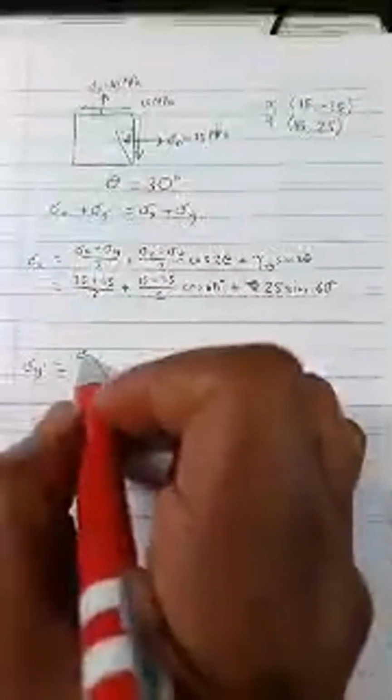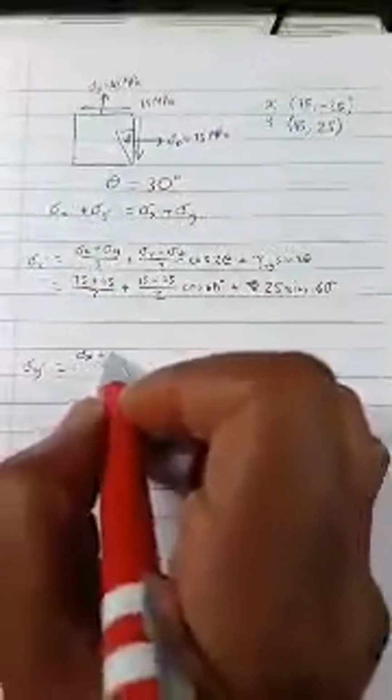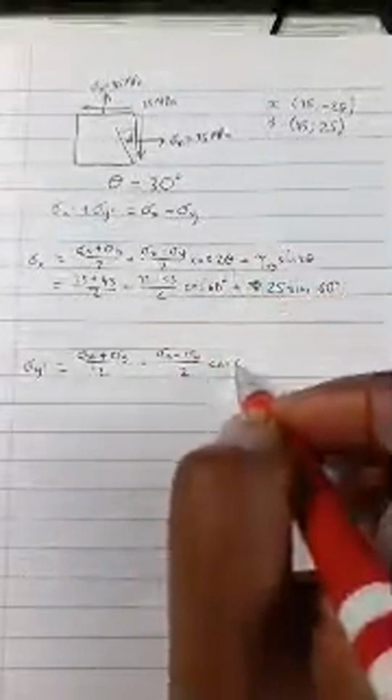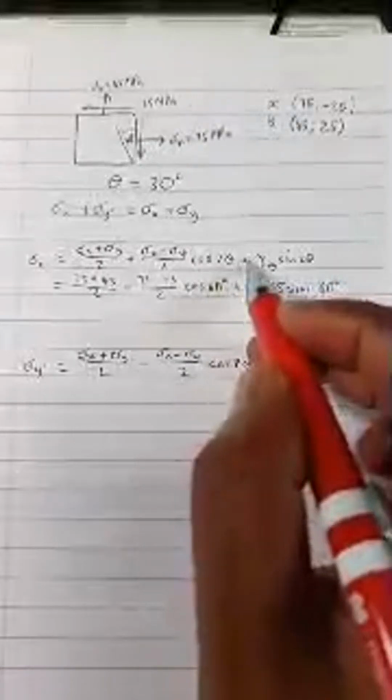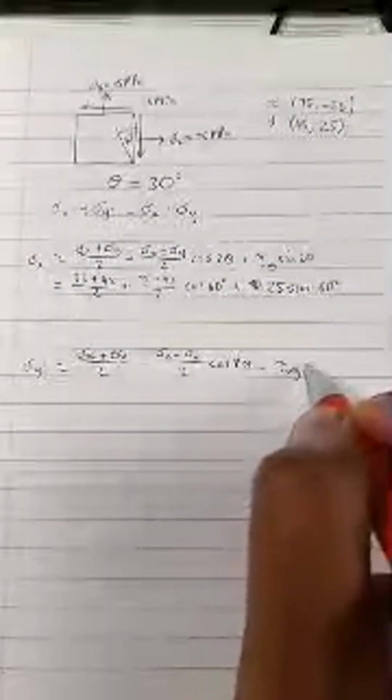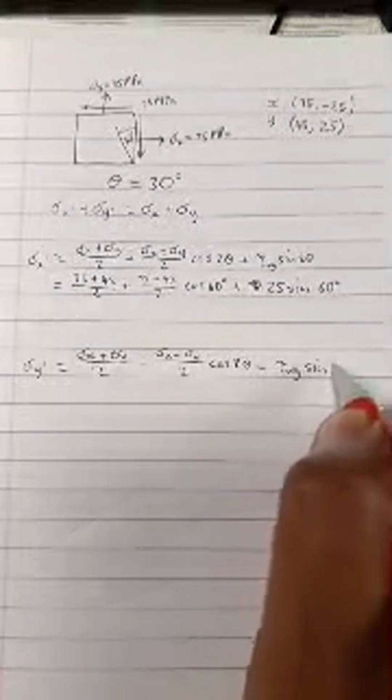Okay, so that is stress x plus stress y over 2 minus stress x minus stress y over 2 cos 2 theta. 2 theta is still that, okay, cos 2 theta minus, again you have minus, substitute minus there, tau xy sine 2 theta.